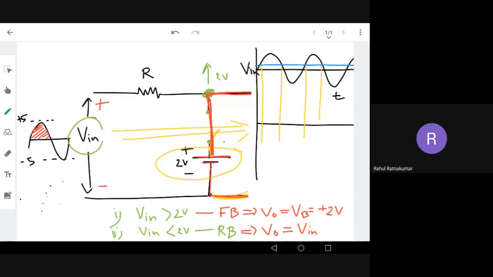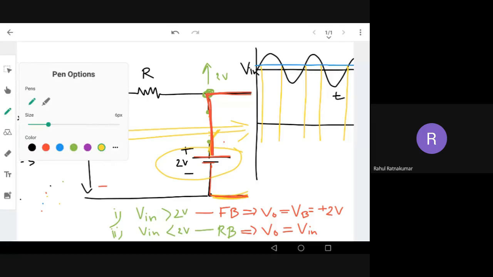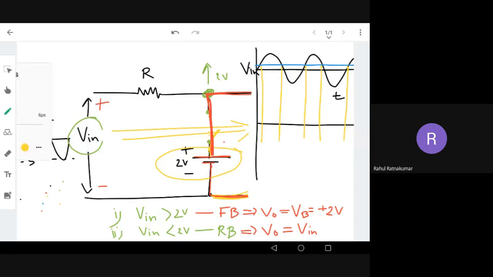I'm noting all those points where 2 volt is there. I also know the shape of my input waveform, something like this. This is just for your understanding, although I'm not able to draw it perfectly, but you should know this is the input.